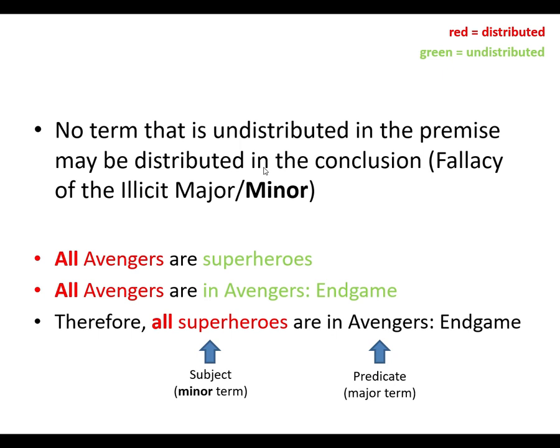In other words, we are claiming in the conclusion to know something about all superheroes, but we did not establish that in the premises. Other examples of the fallacy of the illicit minor include: all dogs are animals, all dogs are mammals, therefore all animals are mammals.